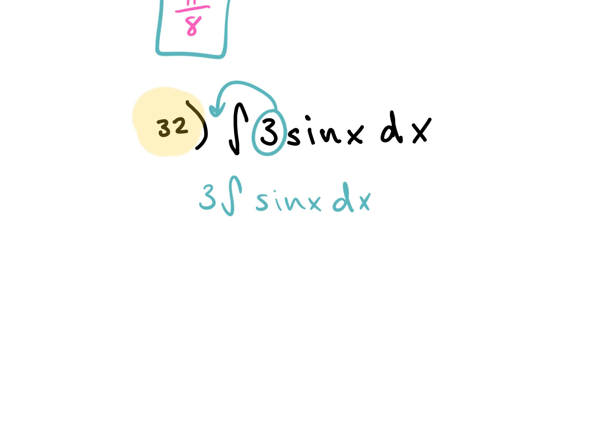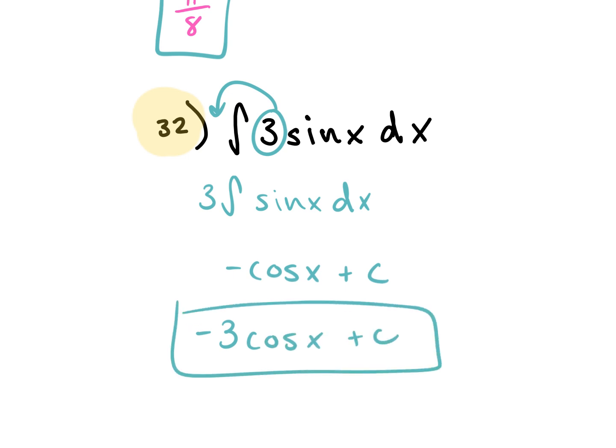Just cosine? Negative cosine, so negative cosine of x plus c. Then we have to make sure we multiply by that 3, so it'd be negative 3 cosine of x plus c. So if you move the coefficient out front, don't forget to multiply it by your answer. Any questions here?